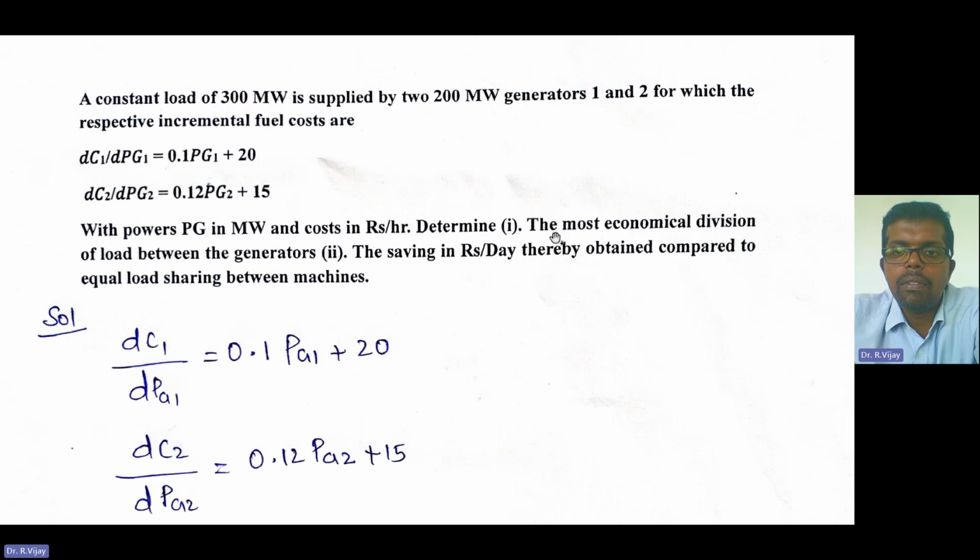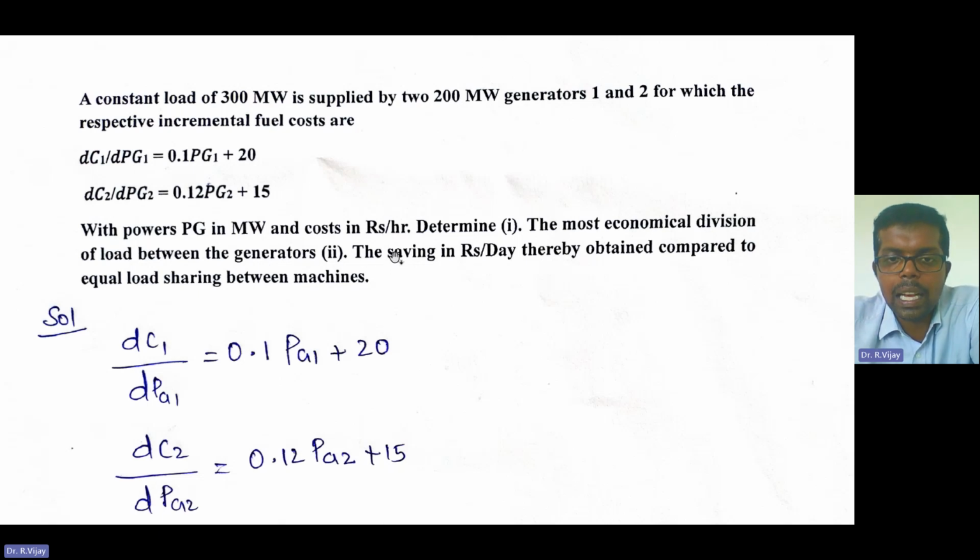Determine, first, the most economical division of the load between the generators. Second, they are asking for the savings in rupees per day thereby obtained, compared to equal load sharing between the machines. So this is the question given, and you need to understand the question clearly. First, they ask for the most economical division between the generators, that is PG1 and PG2, that you need to calculate.